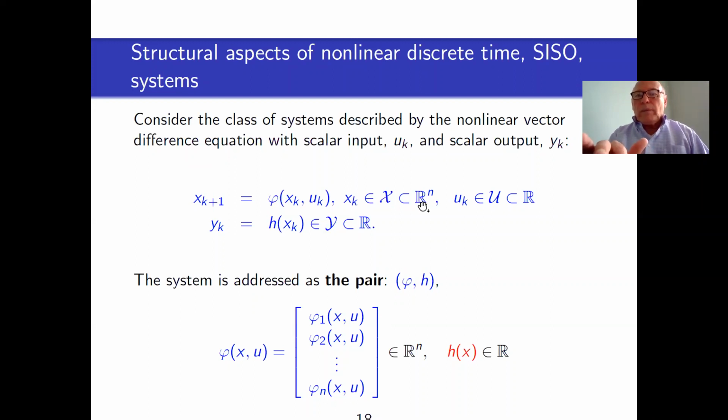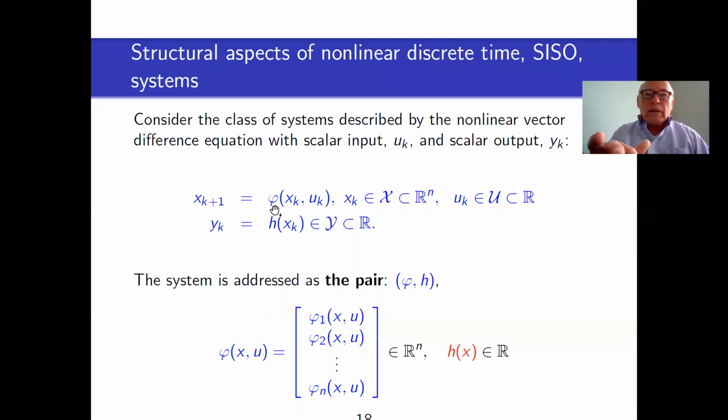The state will be evolving on a sufficiently large open set of Rn, and the control will be evolving in a sufficiently large open set of the real line. So we are dealing with single input systems. The output, characterized by a nonlinear map H, takes the vectors in the open set X to R. So we're talking about single input, single output nonlinear systems.